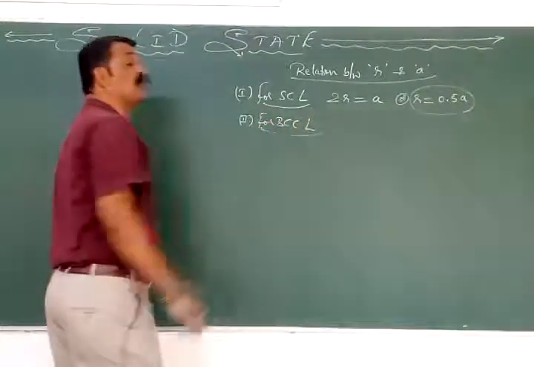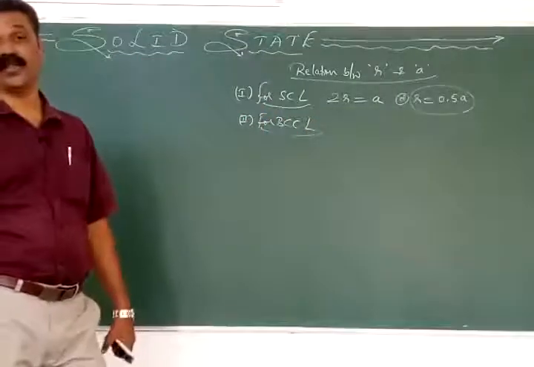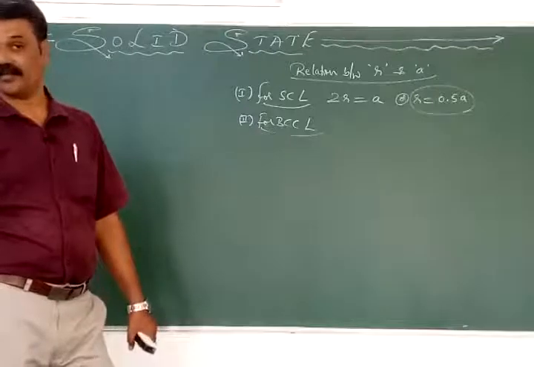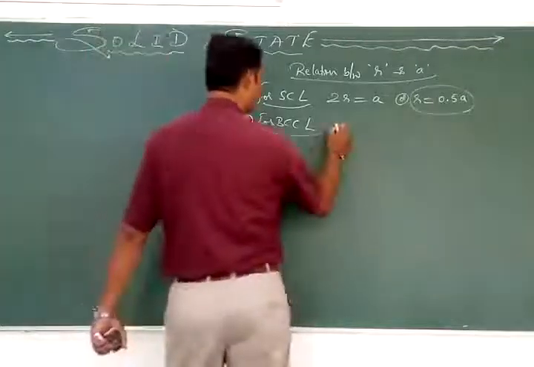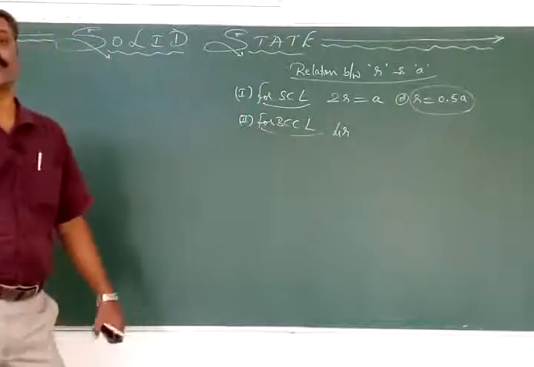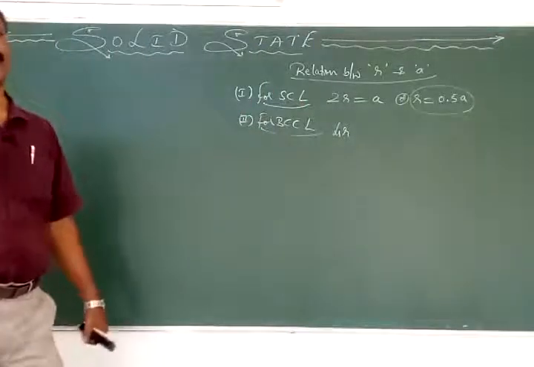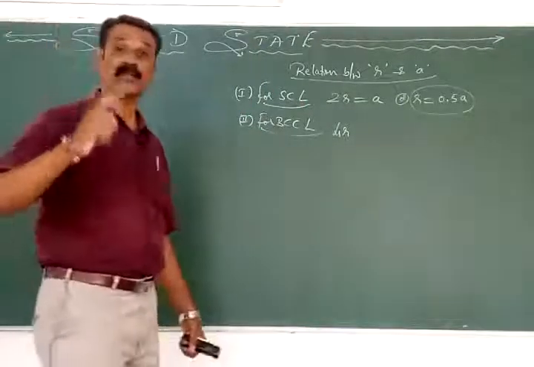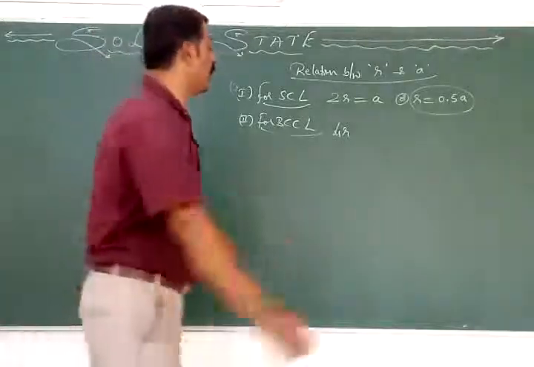Suppose it is BCCL, body centered cubic lattice. We are getting the body diagonal there. That body diagonal is given by 4R. AD is equal to R plus R plus R plus R. That is called the body diagonal.